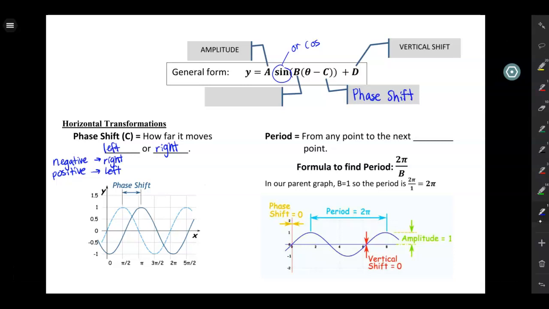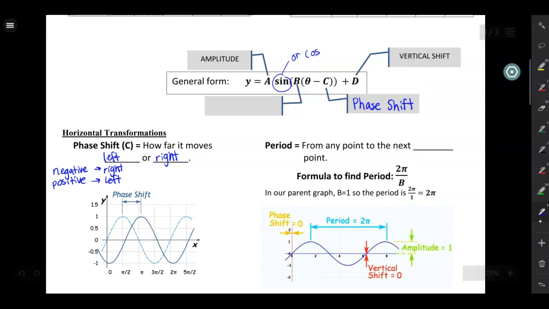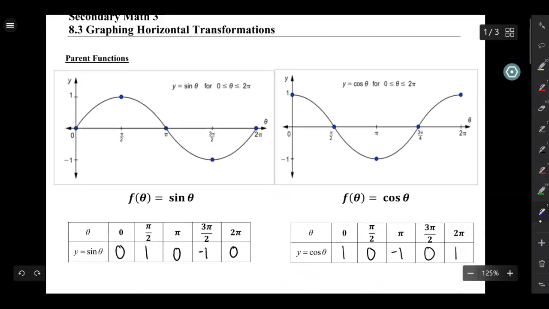Now let's talk about the b. Before we jump into the b, I want to jump back to our parent functions and talk about what a period is when it comes to sine and cosine. Like we talked about at the beginning, these graphs just keep repeating themselves over and over again. They're cyclic, and we often call them periodic. One period just means that you complete one full cycle of the graph.